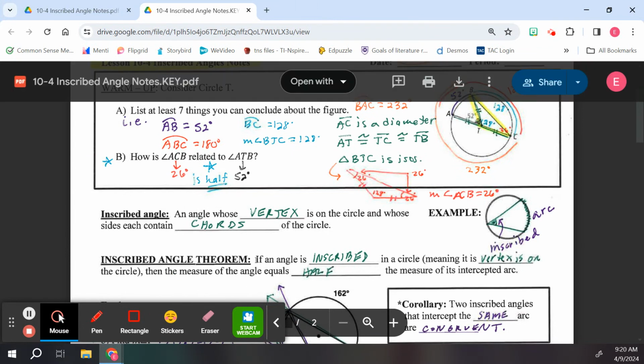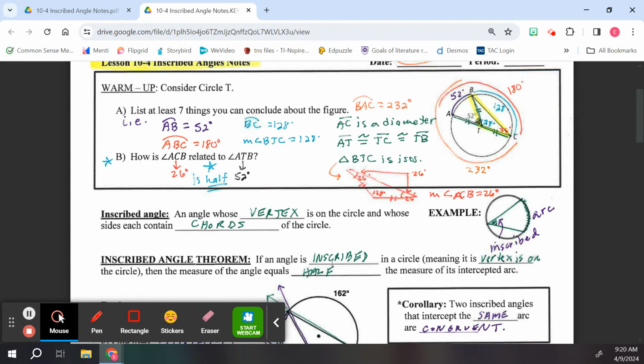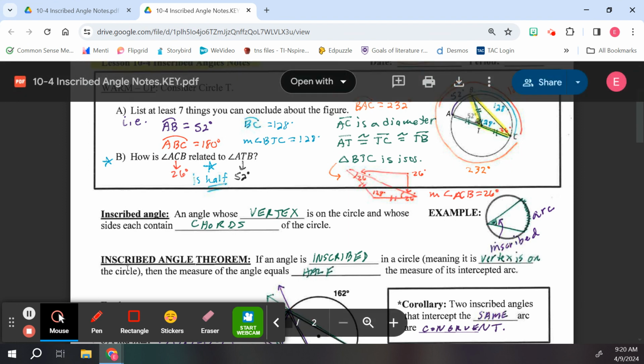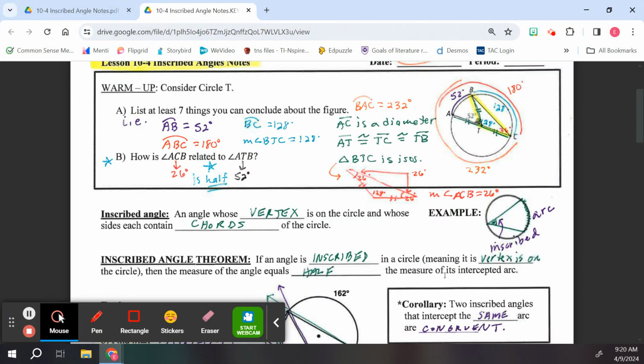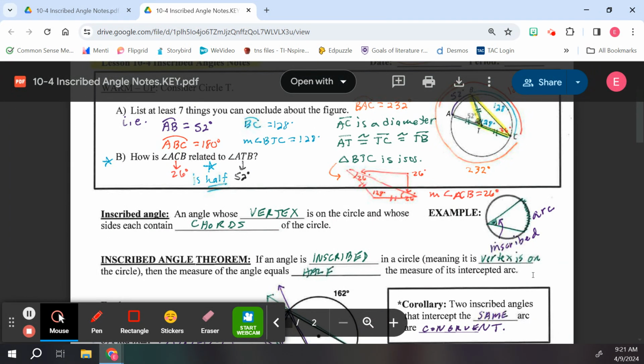Now, the next part we have is, if an angle is inscribed in a circle, meaning the vertex is on the circle, then the measure of the angle equals half the measure of its intercepted arc. So if this was 50, this would be 25.